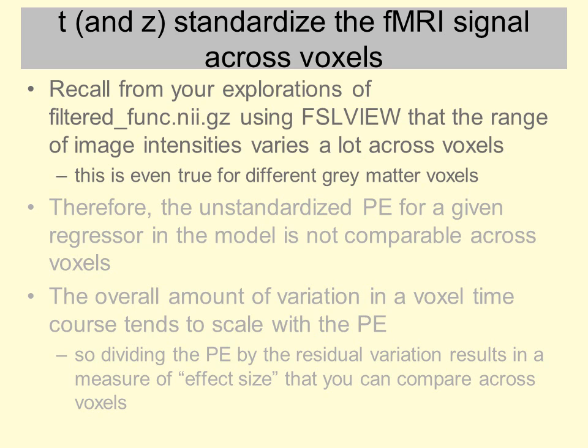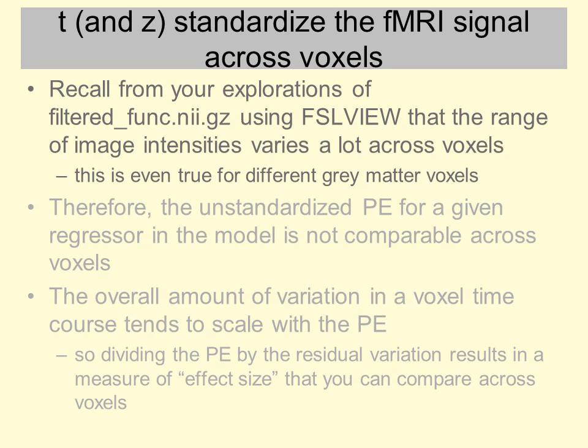You might remember from when you used FSLView to select various voxels in the brain and look at the time courses for functional data in different voxels, that some voxels had much higher overall image intensities than others, some showed more fluctuation than others, and even between different grey matter voxels you'll get quite a bit of variation depending on things like how far the voxel is from the receiver coil.